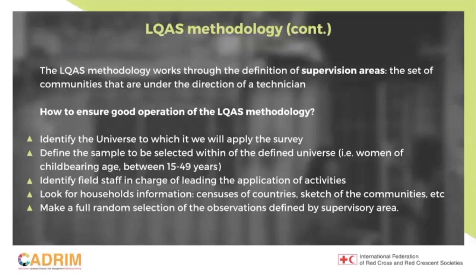Then we need to define the sample to be selected within the defined universe. In our case, the specific sample where we wanted to implement the KAP survey were women of age between 15 and 49 years.